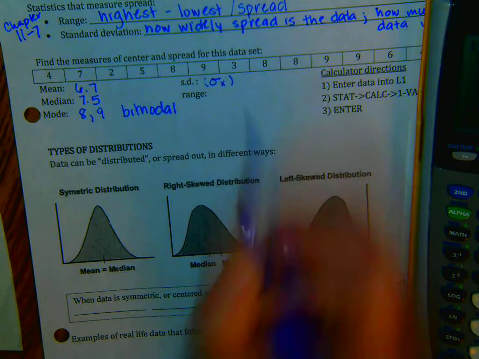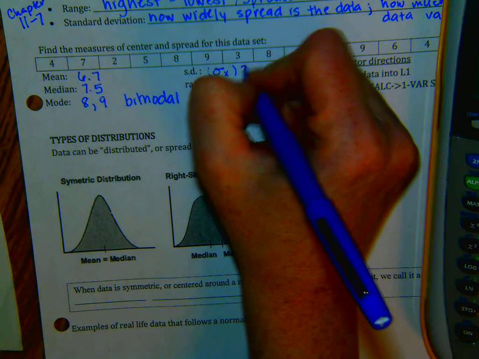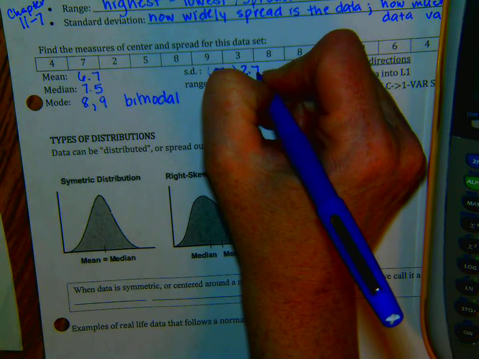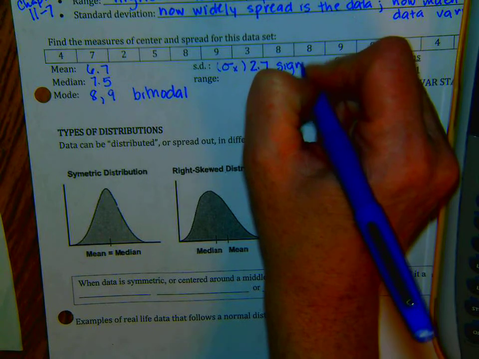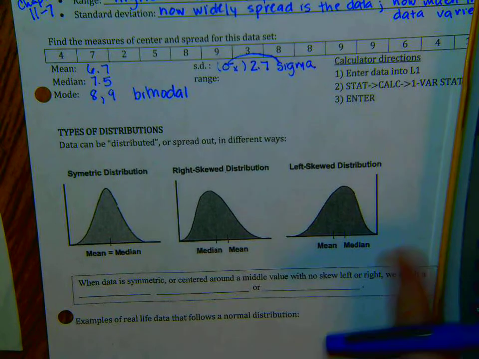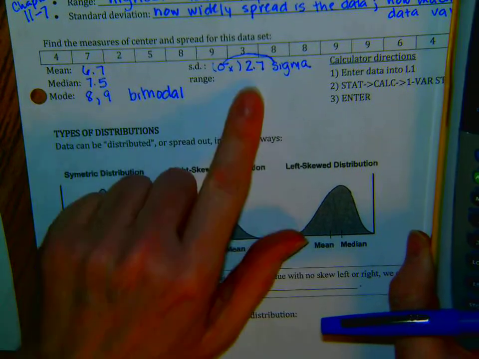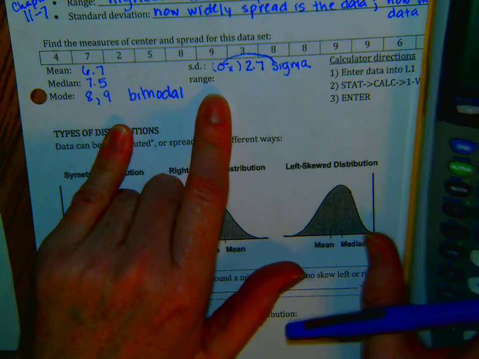This stands for standard deviation, and our standard deviation is 2.7. Okay, and I'm going to write the word sigma just so we remember. So that's this sigma right there. And that's how widely the data varies from the average. Okay, and that's our standard deviation.